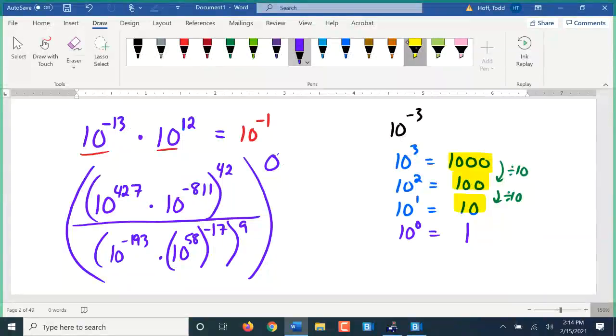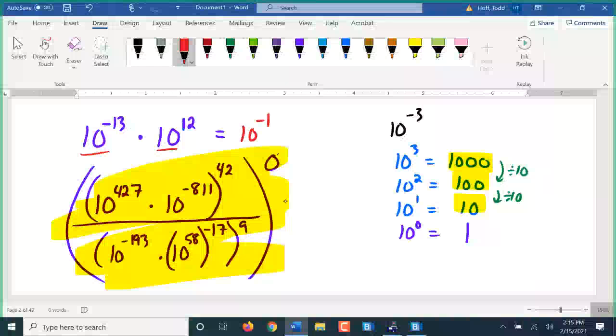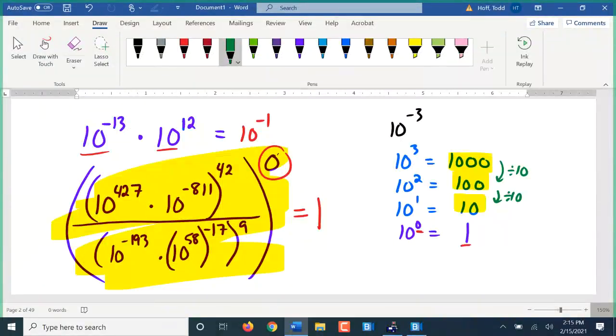What does this whole ugly mess equal? 1, because it's all to the power of 0. Anything to the power of 0 equals 1. I know, that's why I listen for revving engines in the parking lot before I walk out at night.